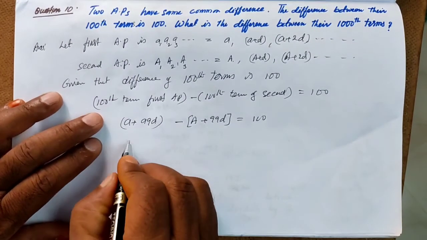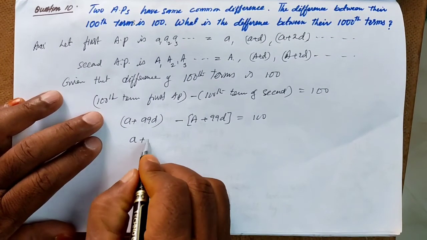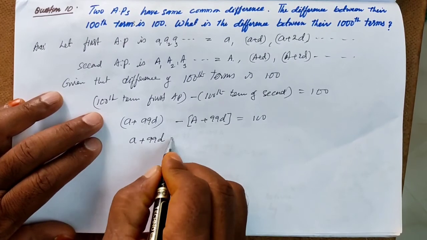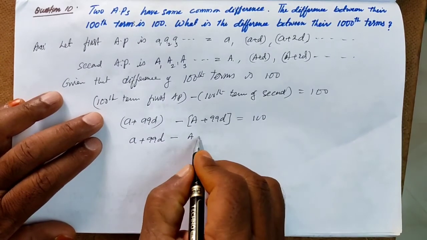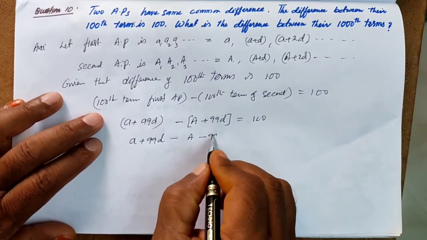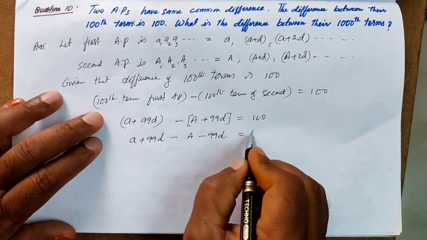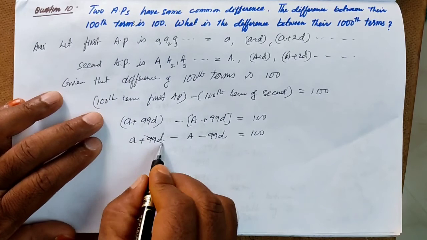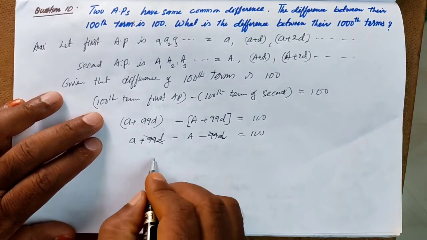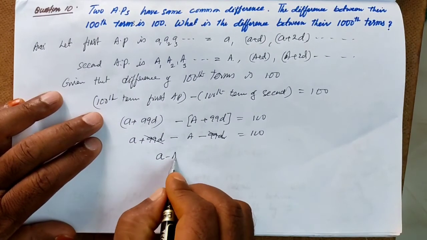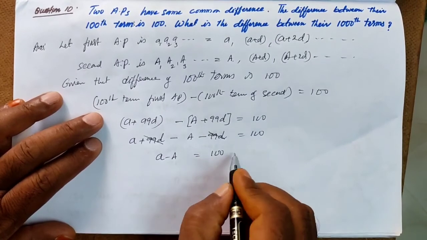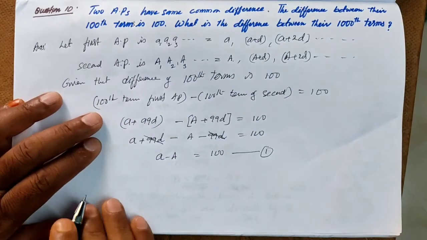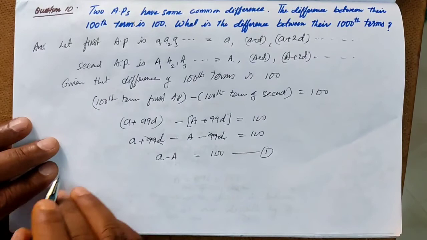Now open the bracket: a minus a plus 99d minus A minus 99d is equal to 100. Now this is plus 99d, this is minus 99d, so small a minus capital A is equal to 100. Let this be 1.